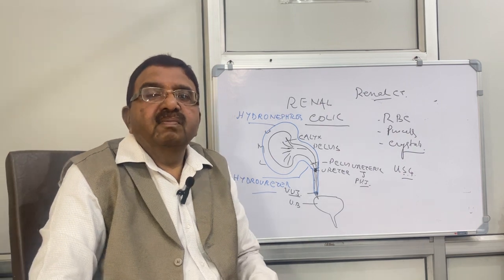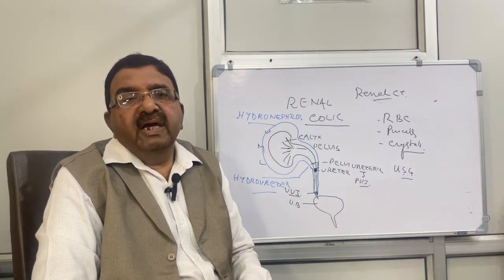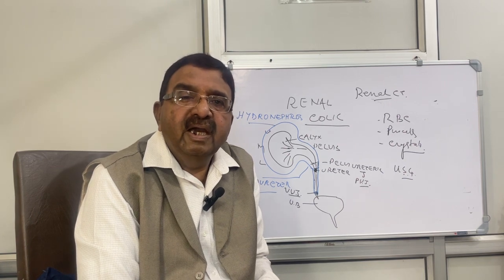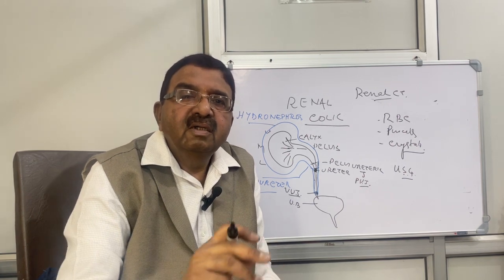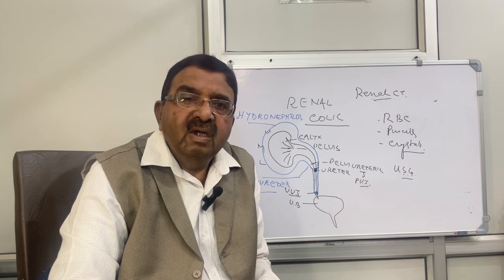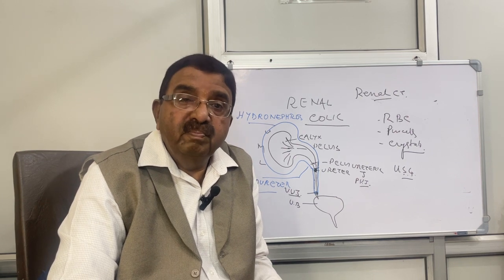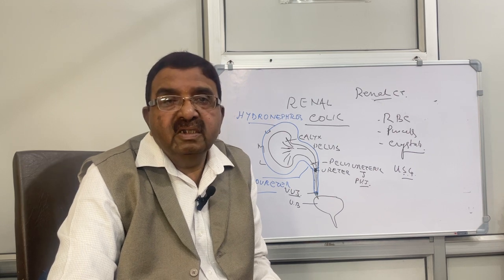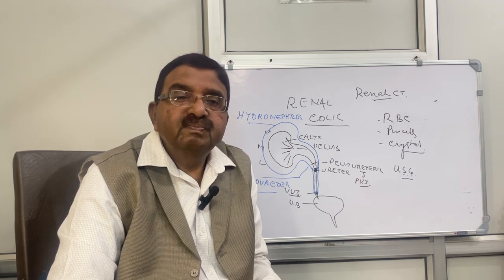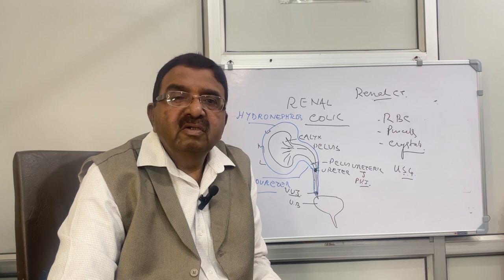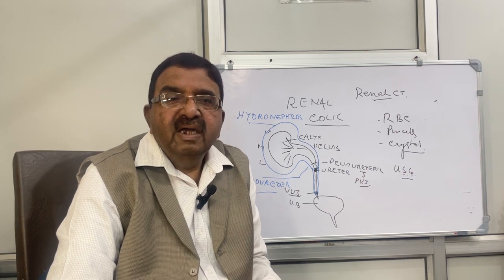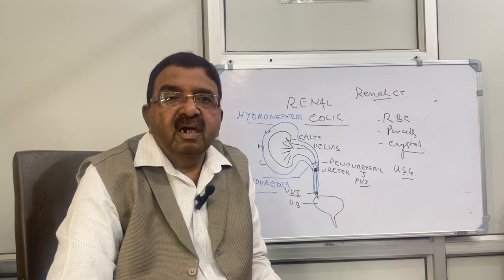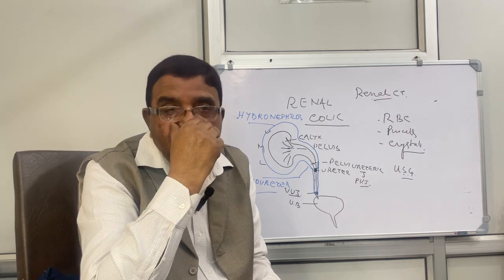Now if the patient also has pus cells in the urine, then we have to use antibiotics to control the infection in the urine. And follow-up is required if the patient passes a stone in the urine. We are to analyze the stone, which type of stone it is, and accordingly we can advise the patient regarding diet and lifestyle.